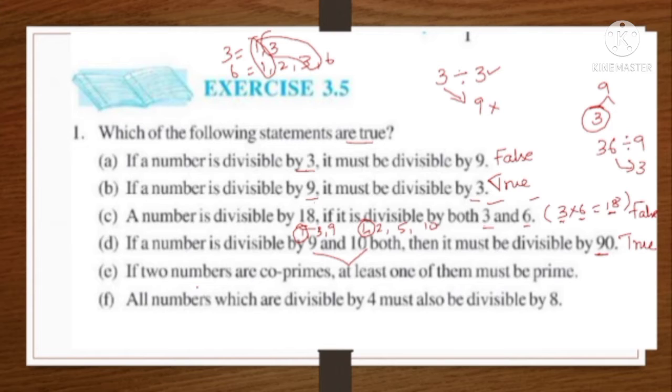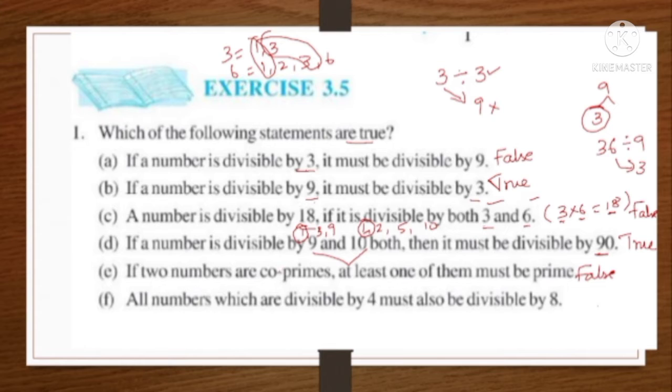The next, subdivision E. If two numbers are co-prime, at least one of them must be prime. This is false. The question is, if we have two numbers that are co-prime, then one of them must be prime. But this is wrong. What is co-prime?